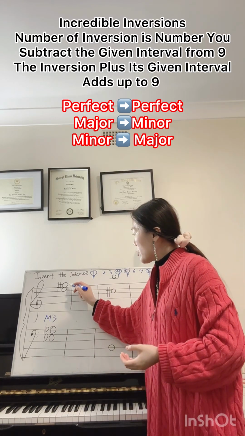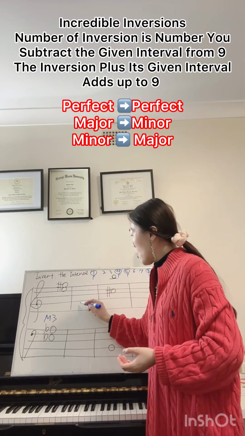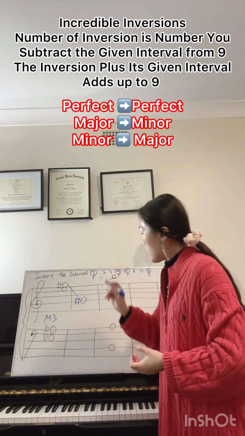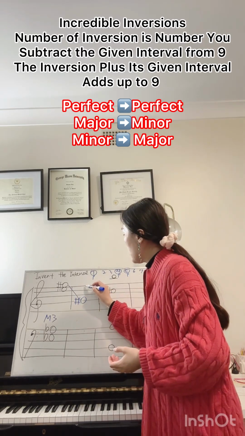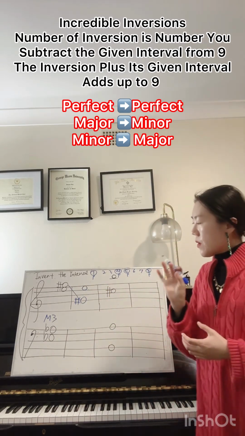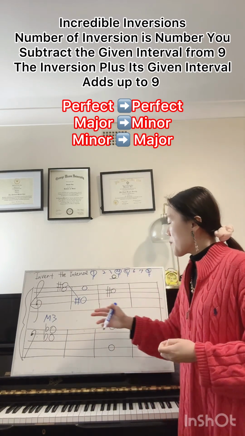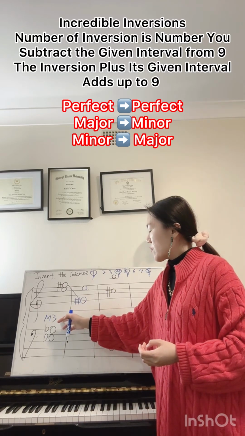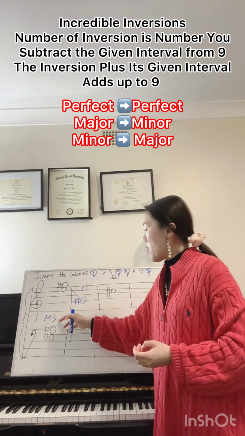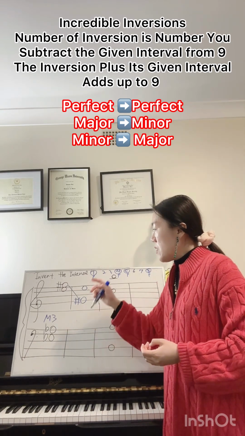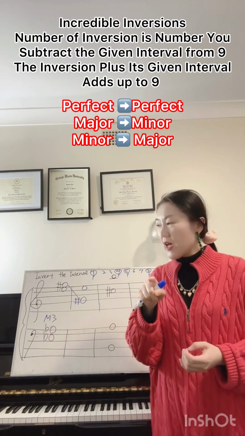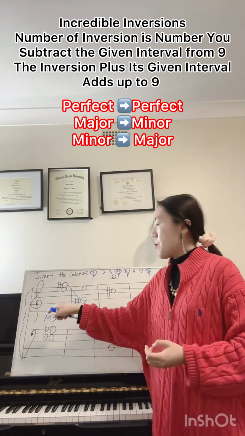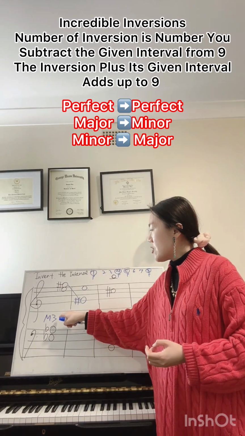Now we're going to move the highest note, G sharp, an octave lower to invert the interval. G sharp moves to the lower G sharp, and the E stays the same. Remember that the number of the inversion is the number you get when you subtract the given interval from 9.